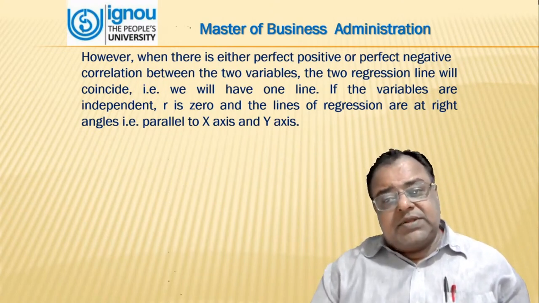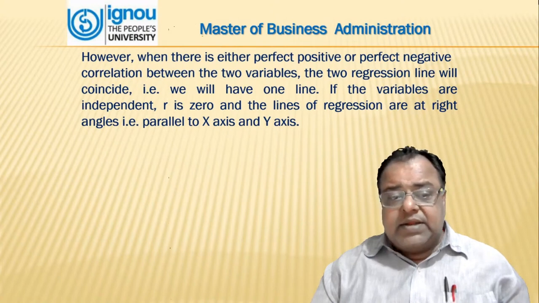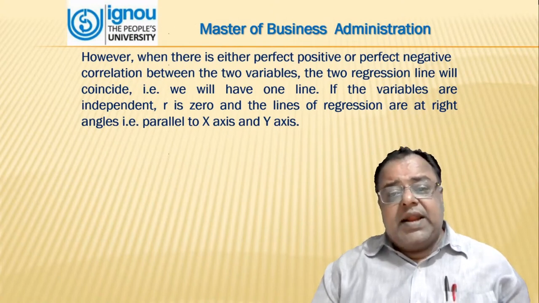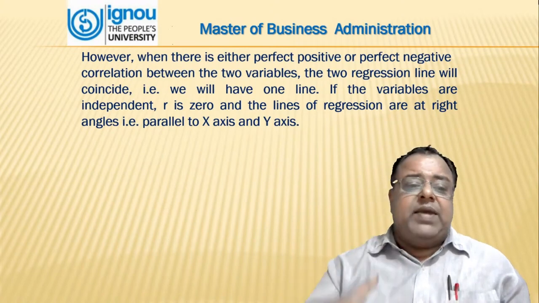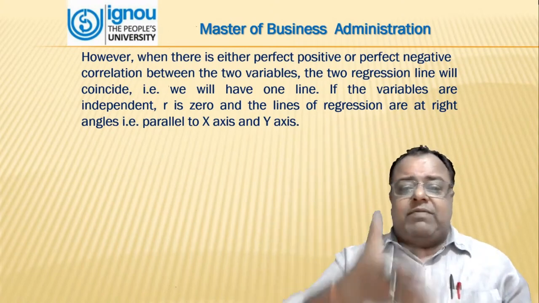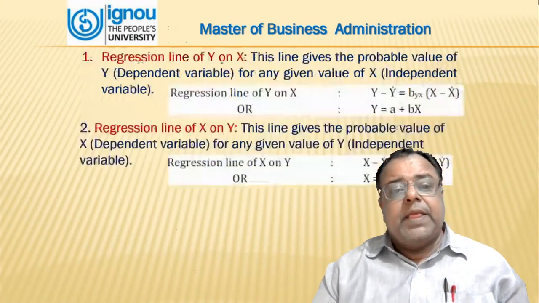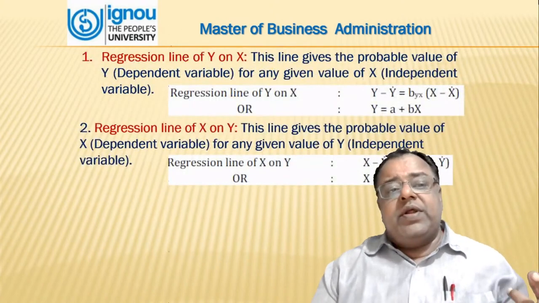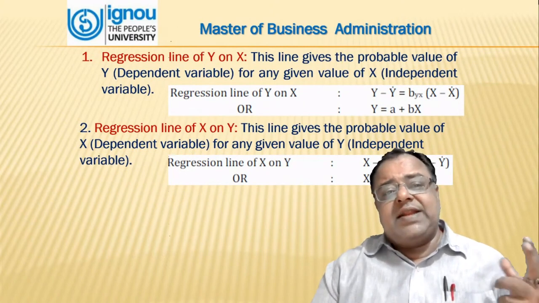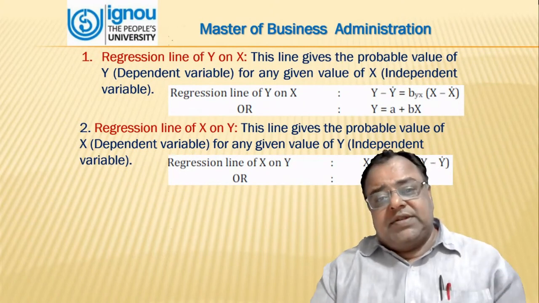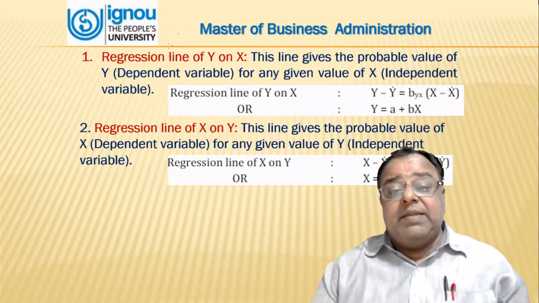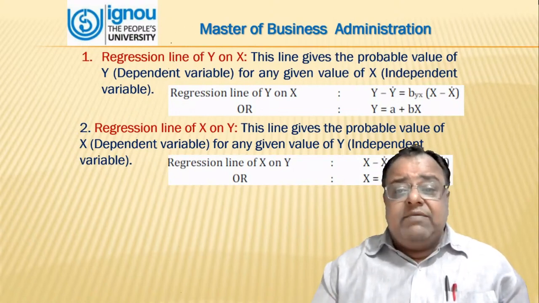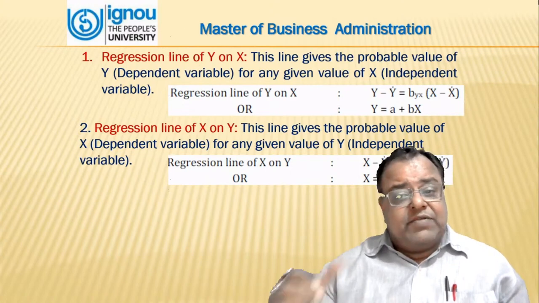If the variables probable are independent for the given value of y, and that is why we have two right angles. That is, however, when there is either perfect positive or perfect negative correlation between the two variables, the two regression lines will coincide. Of y, that is, we will have this line gives the variables probable are independent for the given value of y, and that is why we have two right angles.